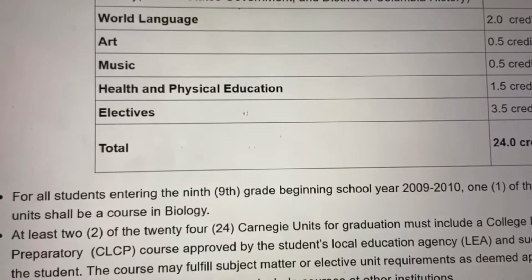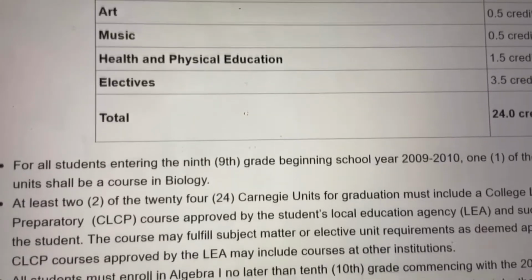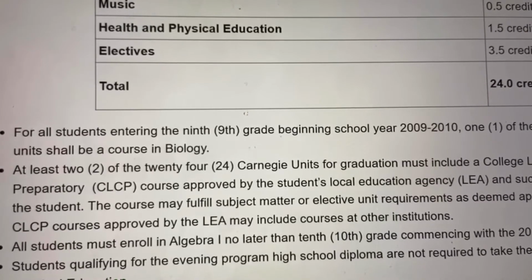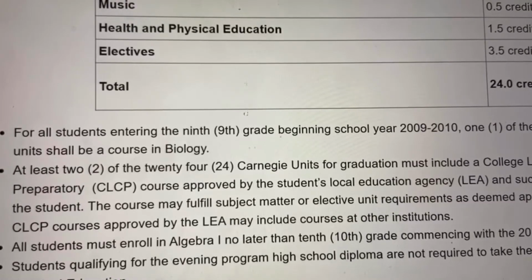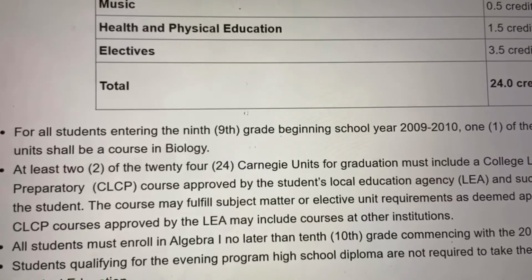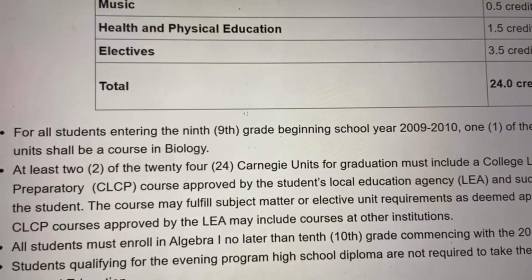The next is that at least 2 of the 24 Carnegie units for graduation must include a college level or a career preparatory course. I will explain that once we move over to the course catalog, which is another reason why it's good to become familiar with it. And then the next one is all students enrolled in Algebra 1 no later than 10th grade.